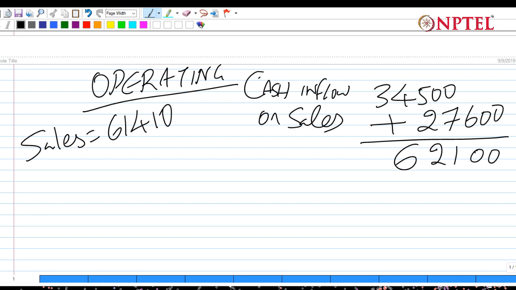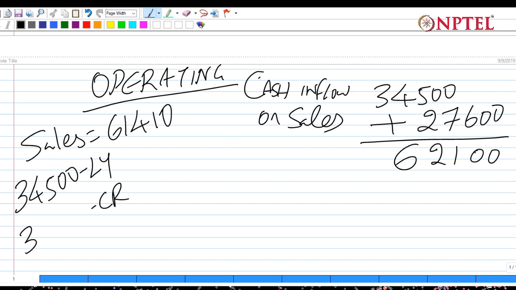What are the receivables last year? Receivables last year were basically 34,500. Now, this year what is the receivable? This year's receivables are down by 690.